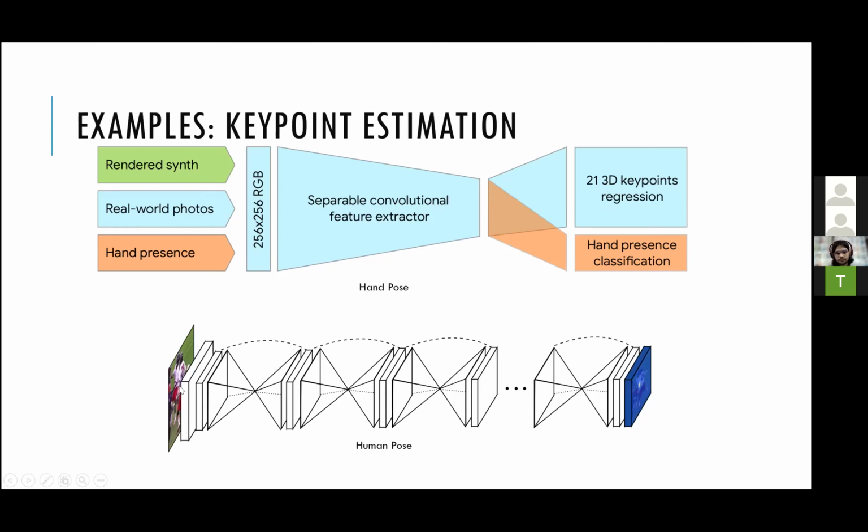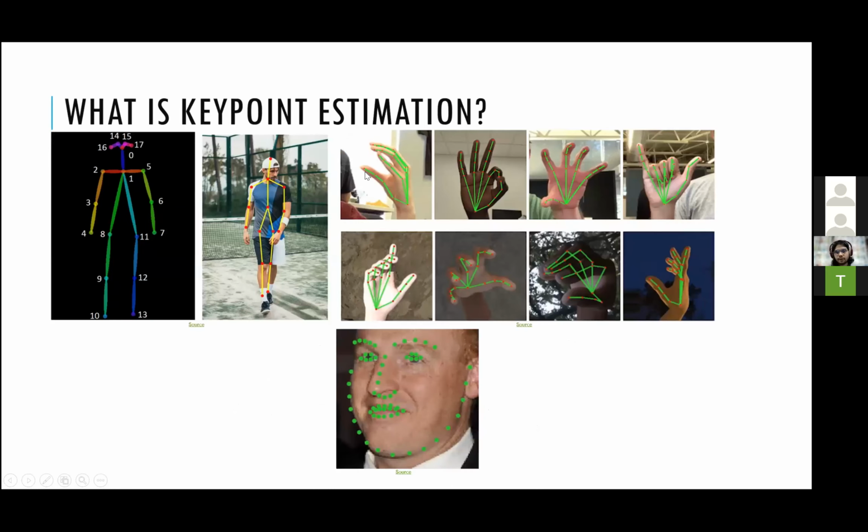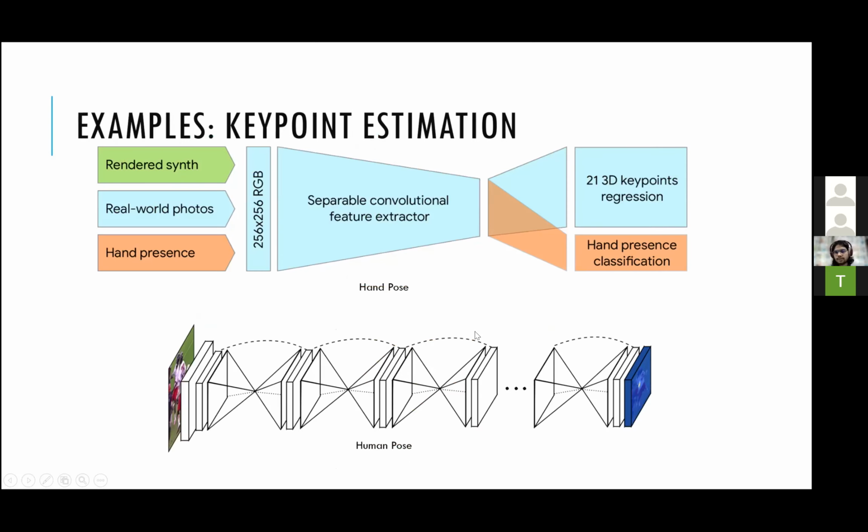In terms of human pose, it is u and v. In terms of hand pose, it is x, y, z. So here you are estimating not only the spatial coordinates, but also the depth. In terms of human pose, what we will talk about is estimating just the u and v coordinates. So these are the various tasks that you can do in key point estimation. And most of it is basically dominated by human pose.